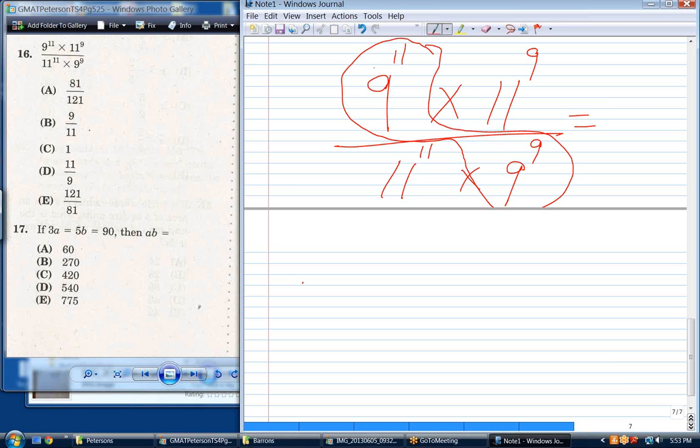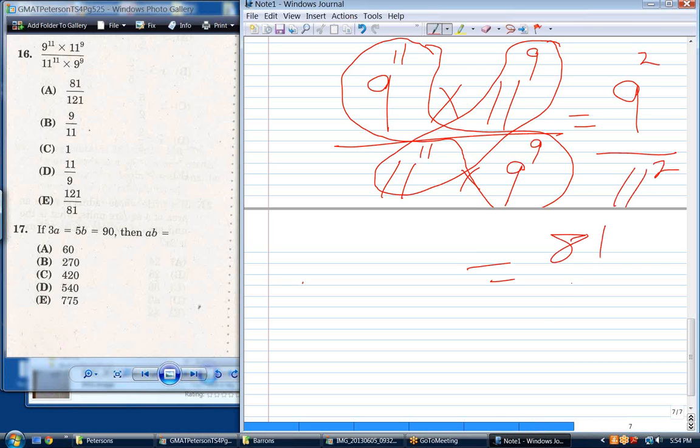If you have the same base, dividing, that's 9 to the 2nd. And what's 11 to the 9th divided by 11 to the 11th? 11 to the 11 squared. And does that go in the denominator or the numerator? Denominator. Right. So now we have something that we can do pretty easily. 9 squared is 81. 11 squared is 121. A.